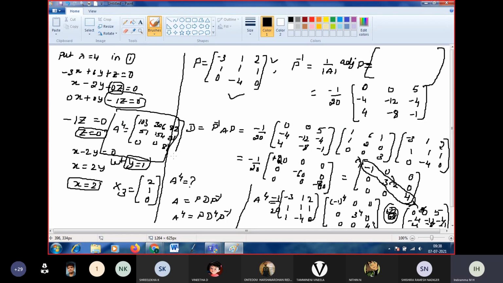You will get this answer if you multiply the three matrices using your calculator. Got it?